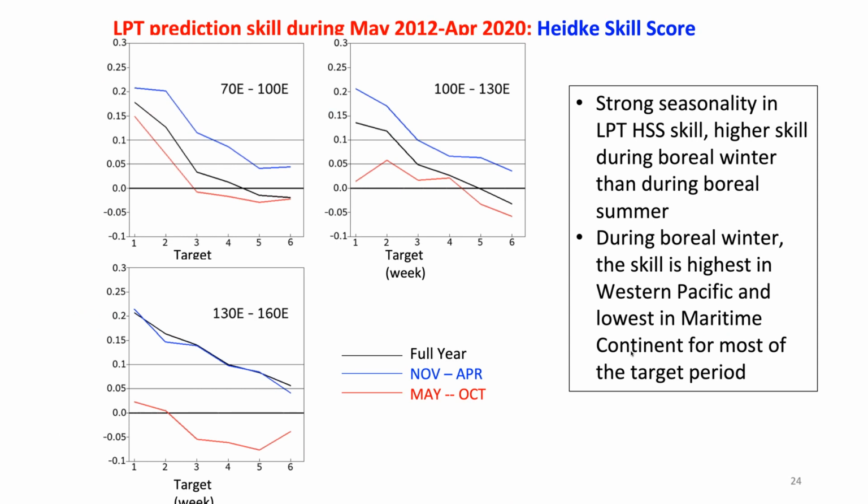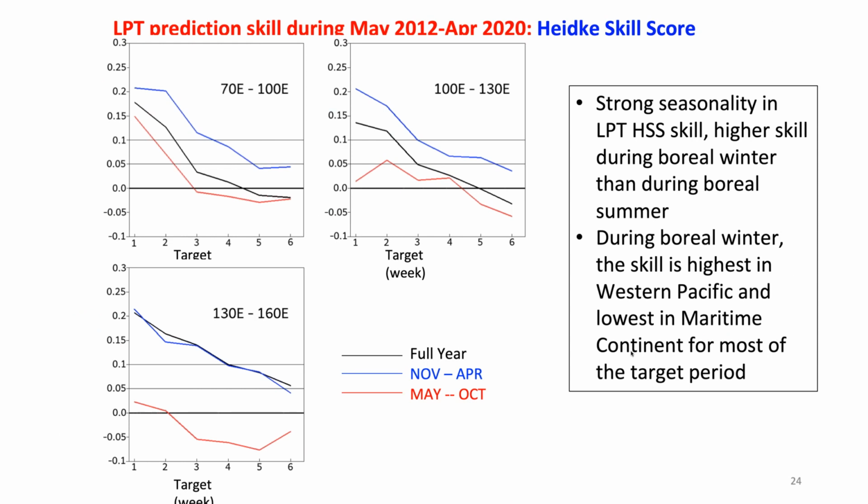So clearly the skill depends on the period. That means if we want to do a comparison, we have to use the same period for different methods. The rest will be the same. The skill slightly increases with ensemble size, and the maritime continent skill is lower than the Indian Ocean and Western Pacific.